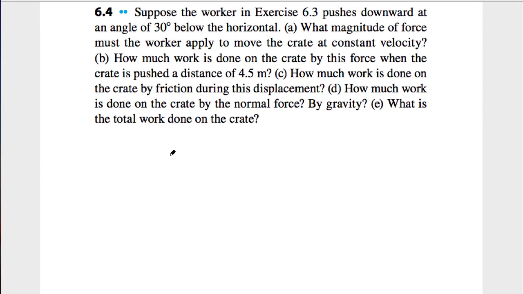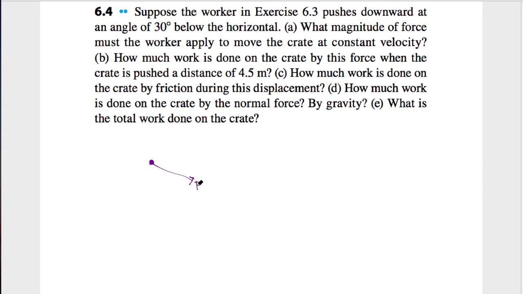For question 6.4, we're using the exact same setup as the previous question or exercise. And so we have our box, but this time we're pushing downward on that box. So let's resketch this free body diagram. We have a downward force at an angle of 30 degrees below the horizontal. So that is our downward pushing force, and it is at 30 degrees with the horizontal.